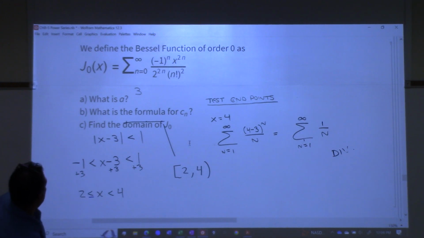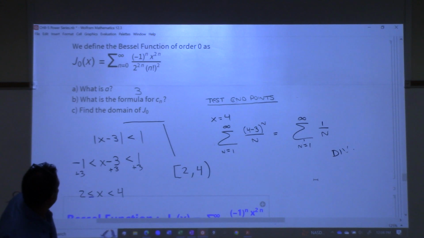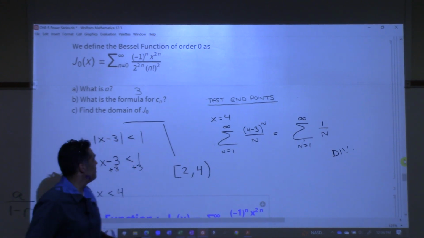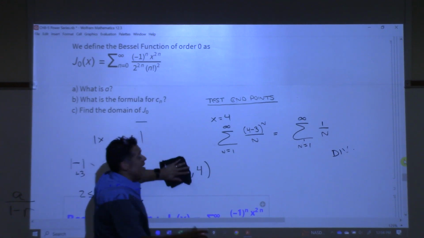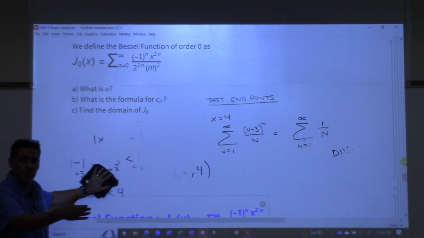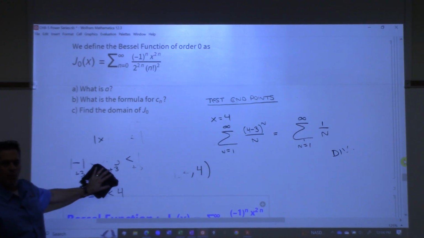All right, this is a pretty famous function. I told you that e to the x has a power series, and pretty much every function you've ever learned has a power series. But there are other functions that are just power series that we don't have a function for.